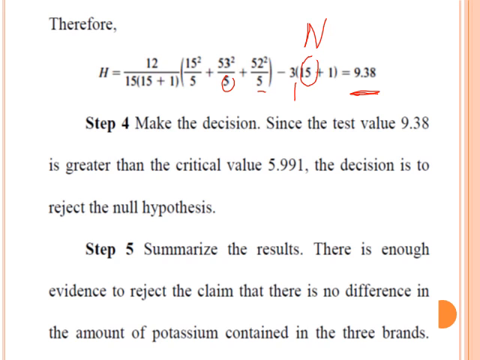And this is the third step for getting the test value. Now we have in the second step a tabulated value, and in the third step a calculated value, and in the fourth step we make our decision upon these two values. Since the test value 9.38 is greater than the critical value, the decision is to reject the null hypothesis.